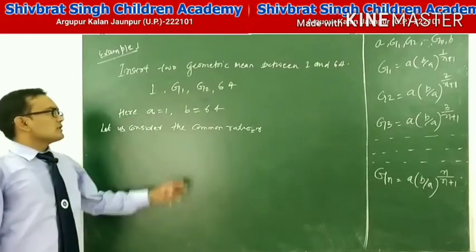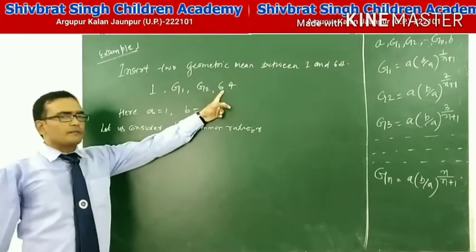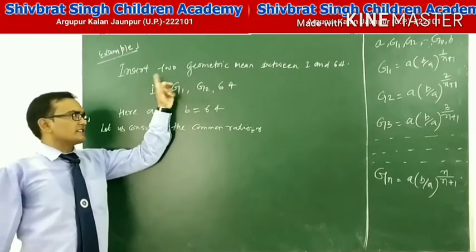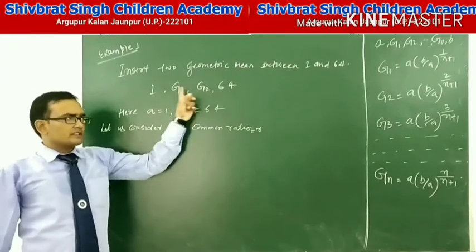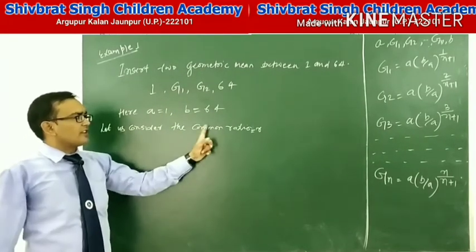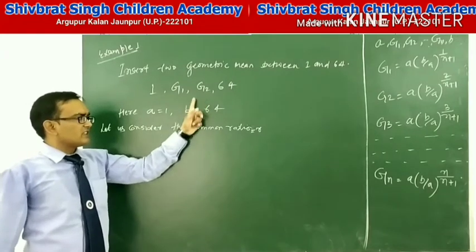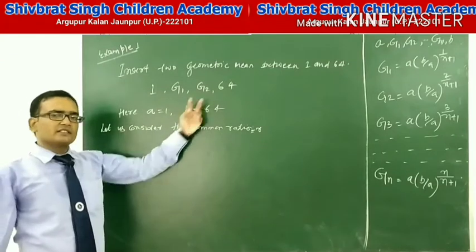If G1 and G2 are the geometric means between 1 and 64, then these make a GP. Then we consider the common ratio of the GP as r, and we find the value of G1 and G2.